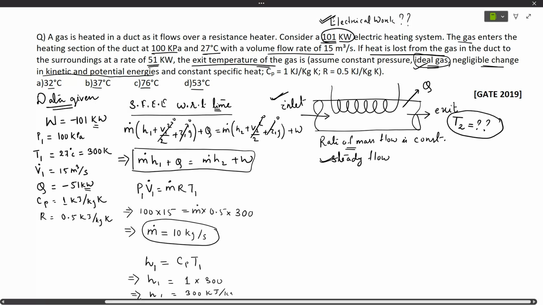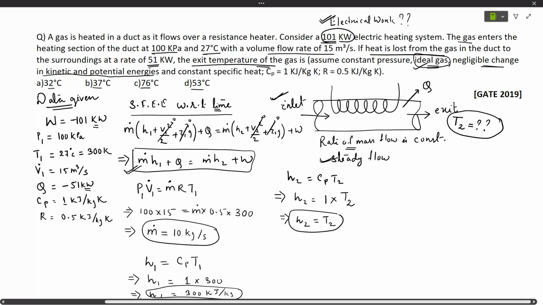This is the magnitude of h1. Next we see h2. h2 equals CpT2, so h2 equals Cp, which is 1, into T2, which is what we have to calculate for this question. So keep this equation as it is, h2 equal to T2. This also we are going to use in the steady flow energy equation.